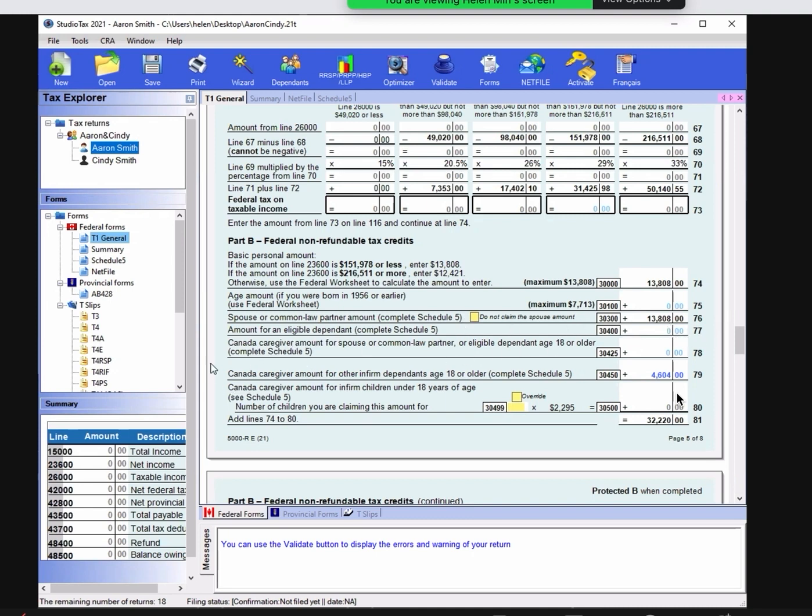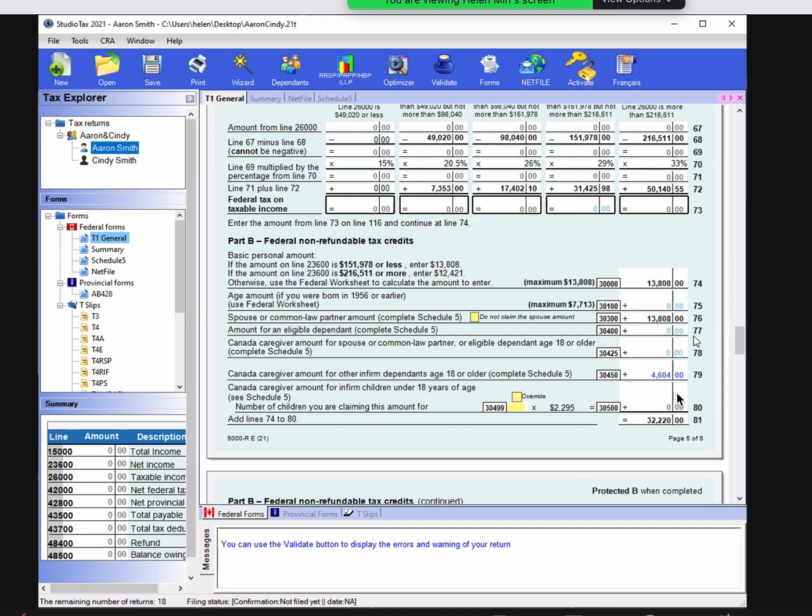Line 77 is the amount for eligible dependent. I already went through that. For this eligible dependent credit, the maximum amount is 13,808, but it is still reduced by the dependent's net income.